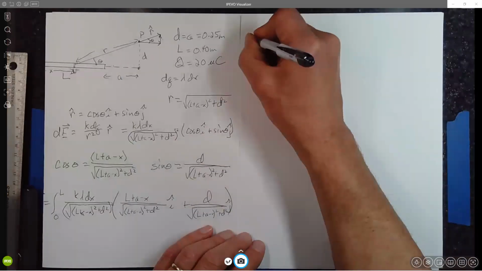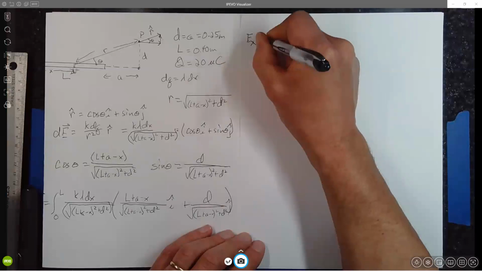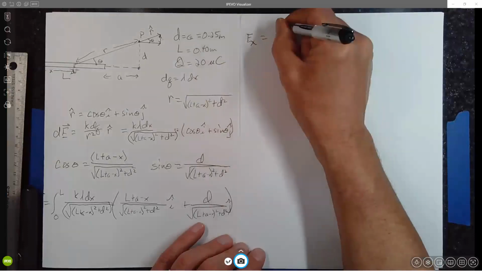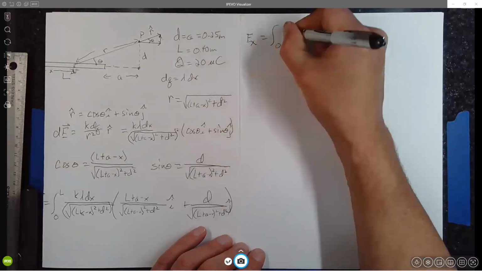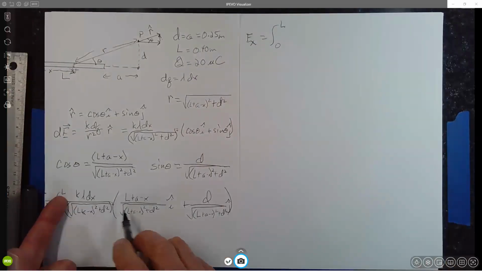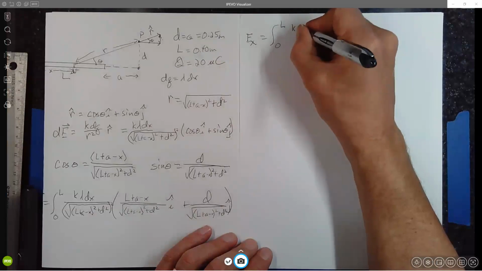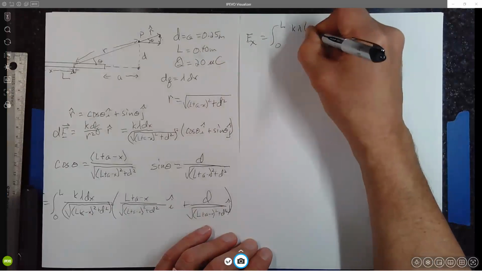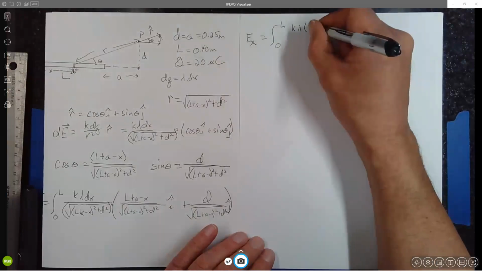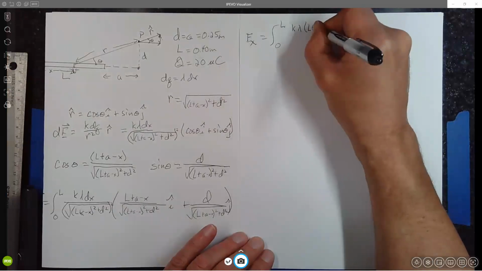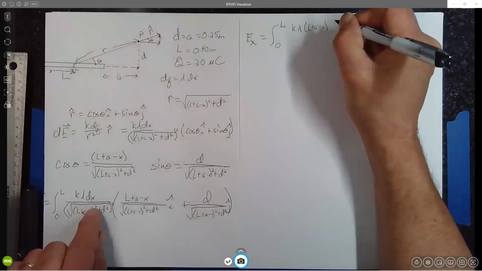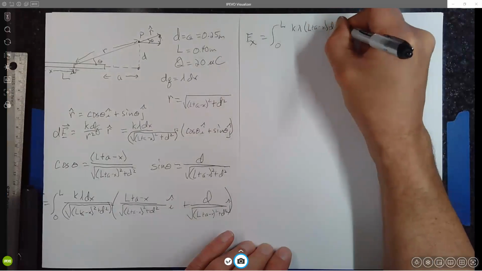Okay, E sub x, the x component of the electric field, will be the integral from 0 to L of this term times this term. So I'll have k times lambda times L plus a minus x, and then dx is up there.